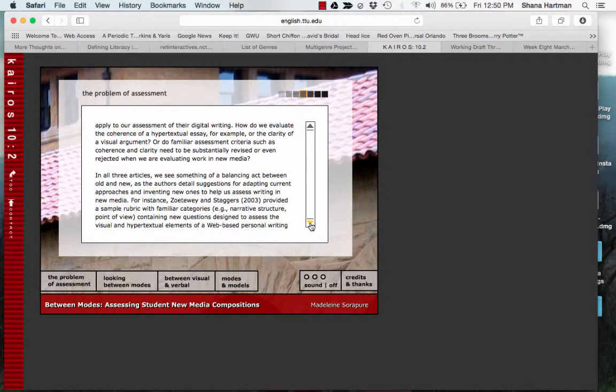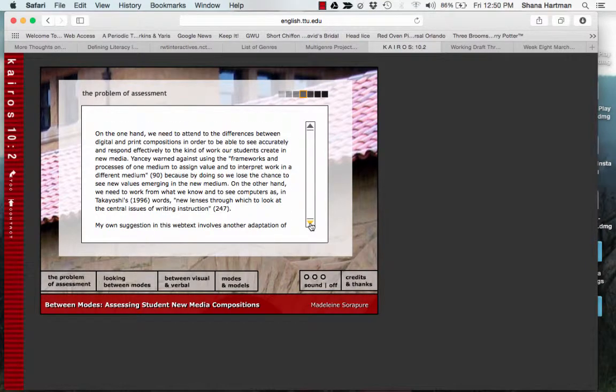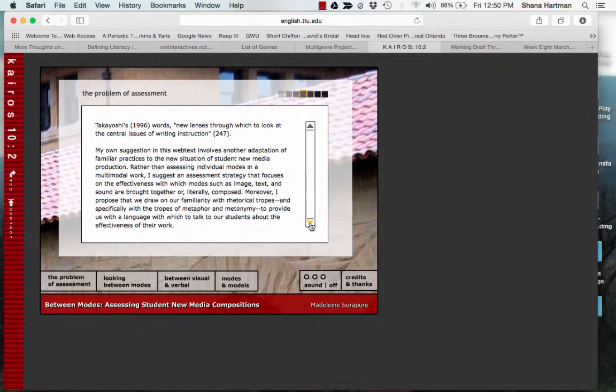So here's the author's words. And one of her main arguments is, my own suggestion is this web text involves another adaptation of familiar practices to the new situation of student new media production.